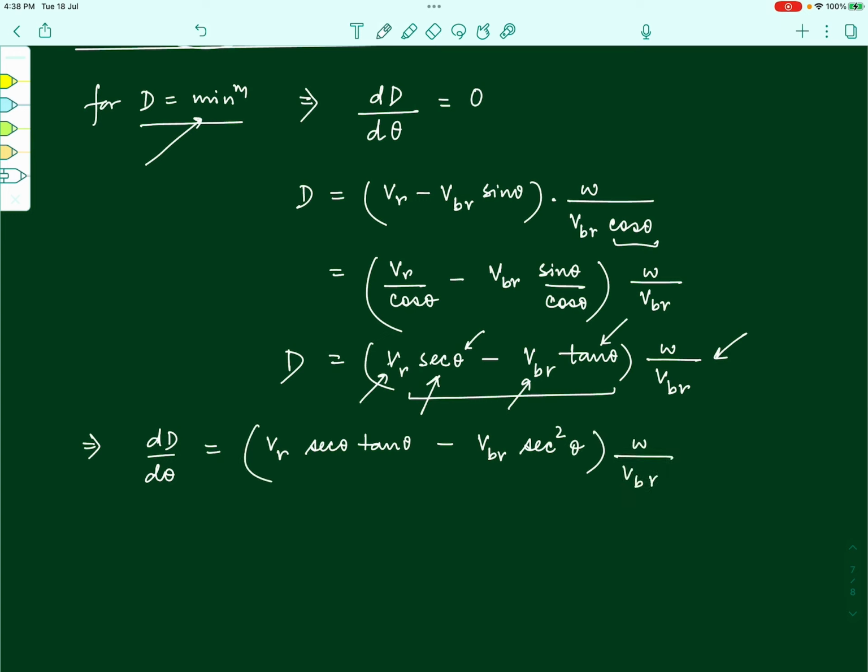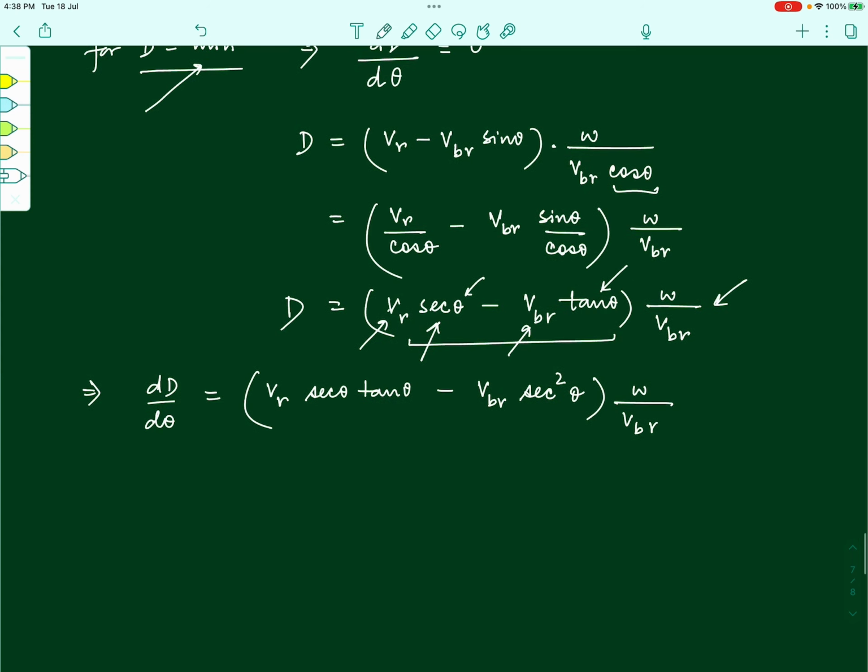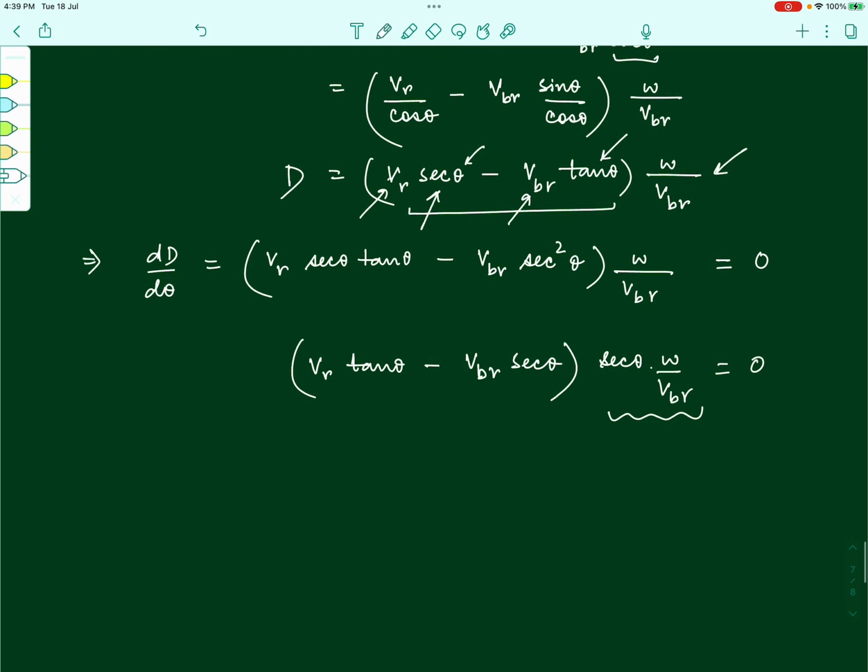And now we can maybe simplify this a little bit before we put it equal to 0. We can take a sec theta common, so it becomes VR tan theta minus VBR, with sec theta taken common outside, into W by VBR. Now when we put it equal to 0, see that these constants will go away and we will be left with this term becoming equal to 0.